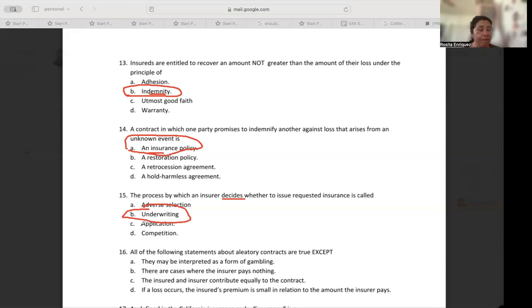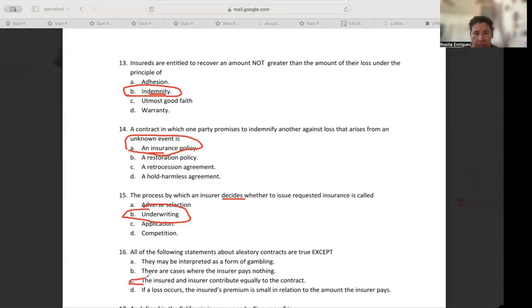Okay. Number 16. All of the following statements about aleatory contracts are true, except. I had to look this up online to check what is aleatory, and it has to do with probability, etc. So the number 16 is actually C. The insured and insurer contribute equally to the contract.